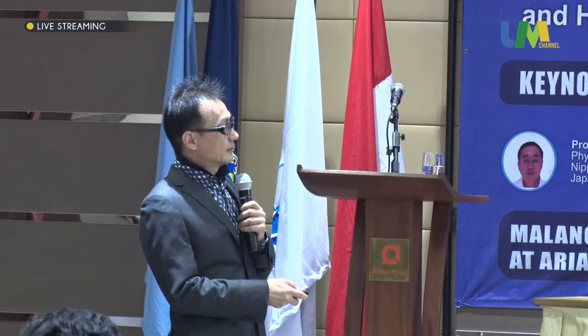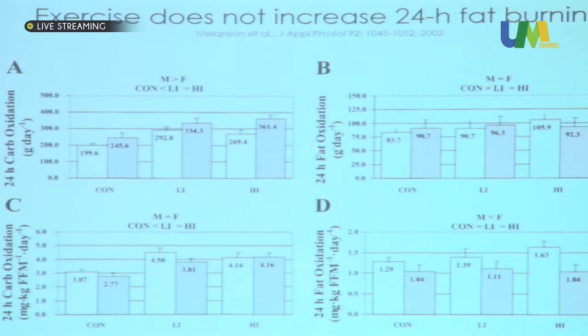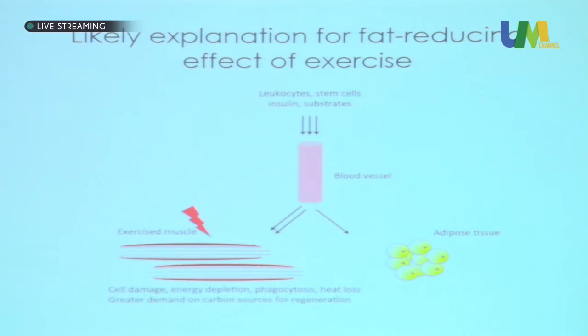If you look at the 24 hours carbohydrate oxidation, you can see that low intensity and high intensity increased reliance on carbohydrate. This is the most important one. Here is the blood vessel, and the blood vessel is a very important place to deliver your energy substrate to adipose tissues and skeletal muscle.